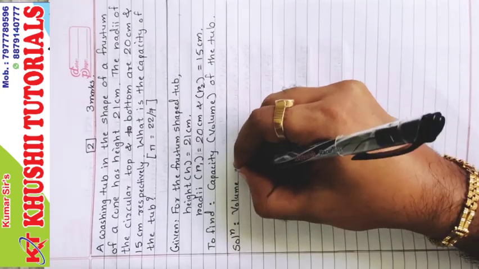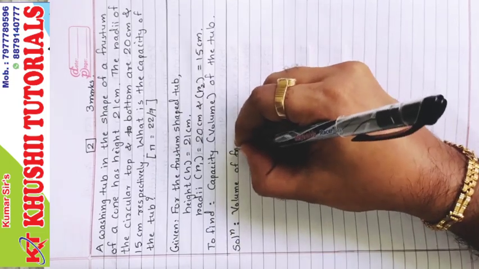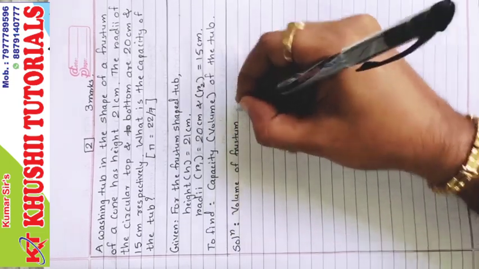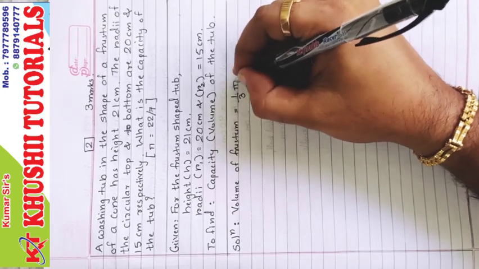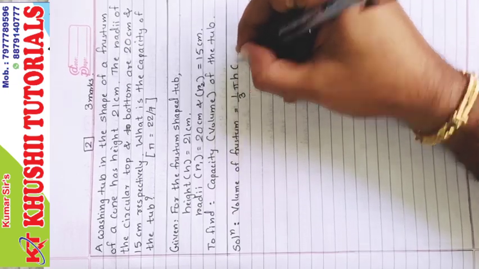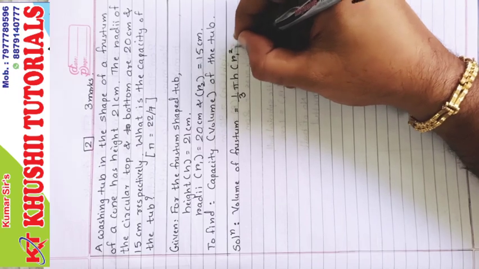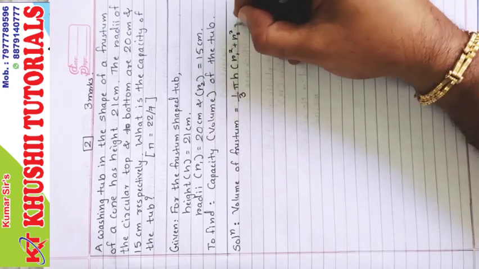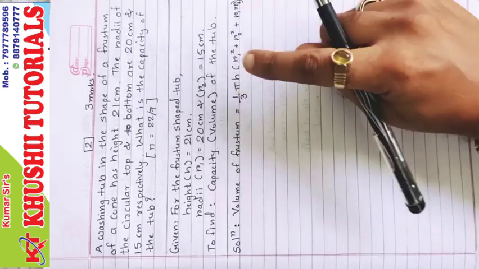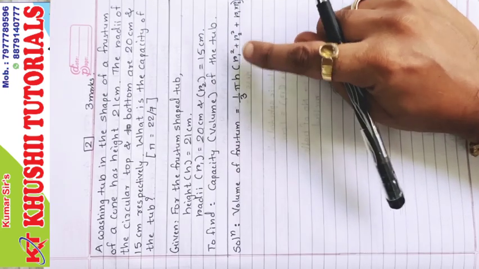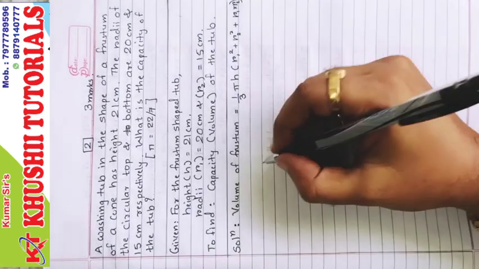Volume of frustum equal to 1/3 pi h (R1 square plus R2 square plus R1 into R2). Instead of writing R1, R2, you can write capital R and small r also.